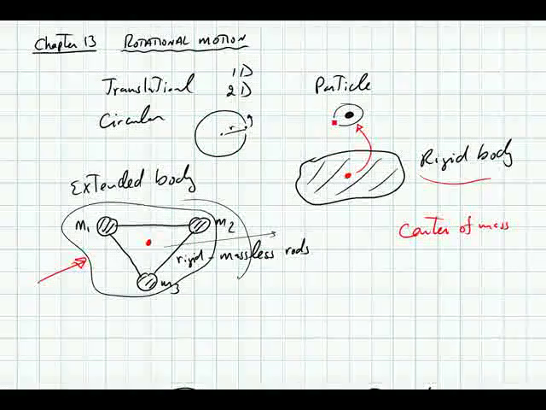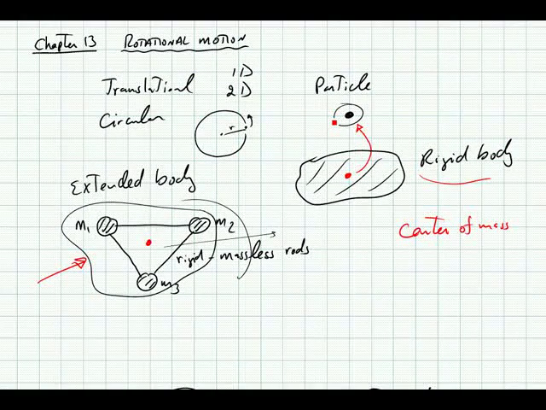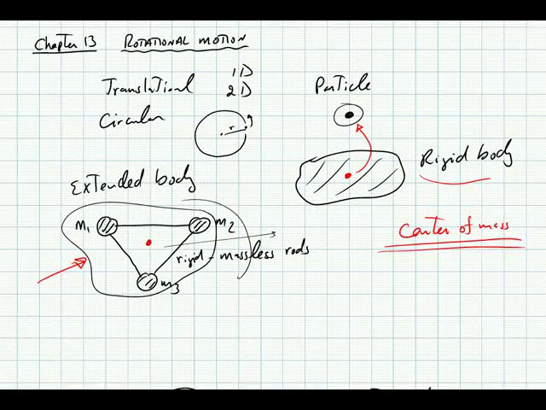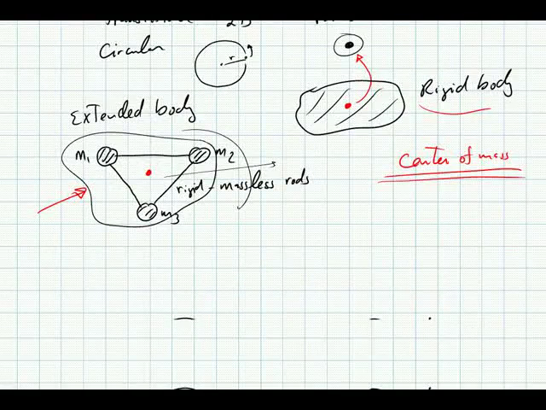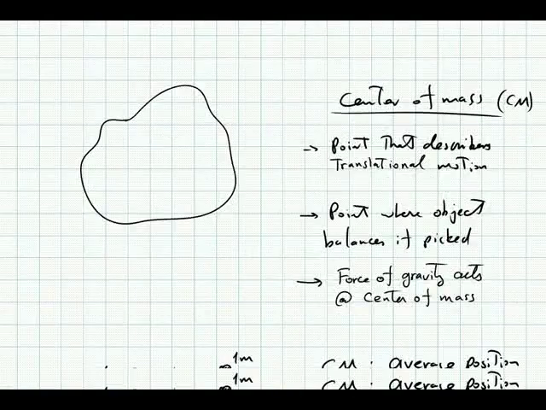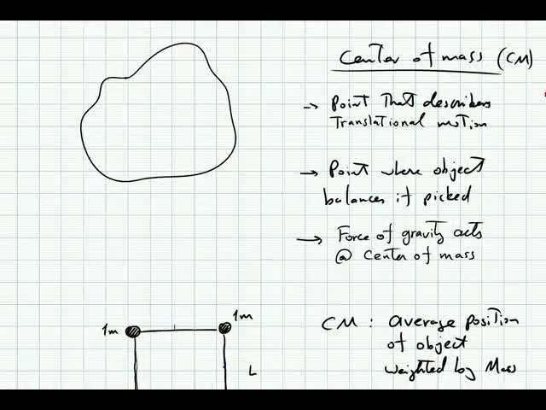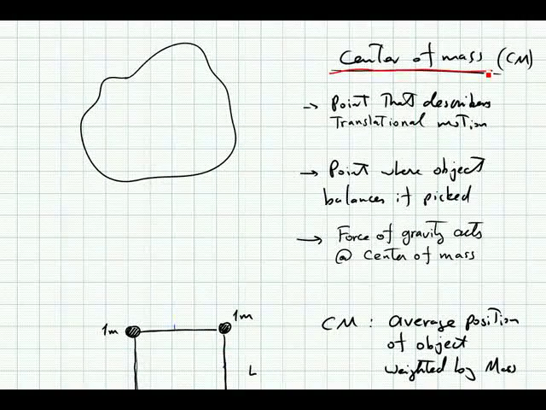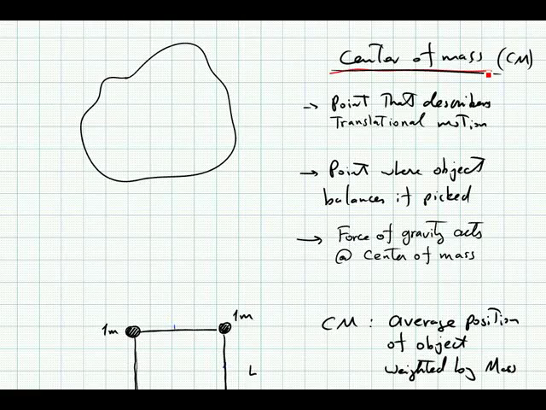So what I'd like to do to start chapter 13 off is talk about what center of mass is, and how to calculate center of mass for a rigid body or an extended body, in particular the extended body. First of all, what do we mean by center of mass? Center of mass is the point that describes the translational motion.